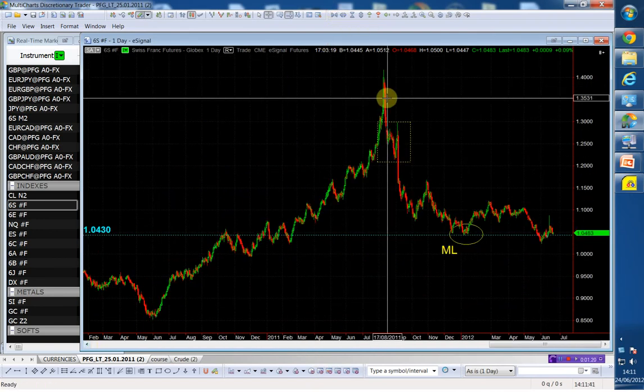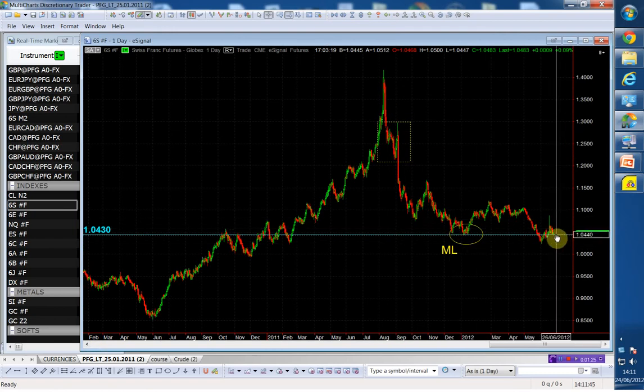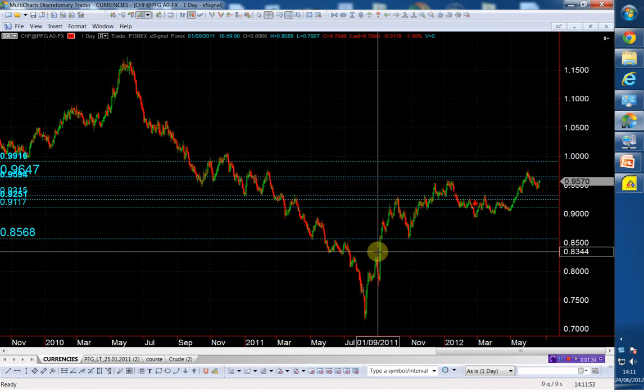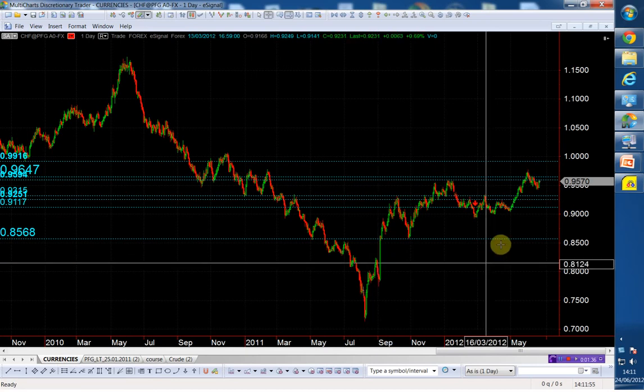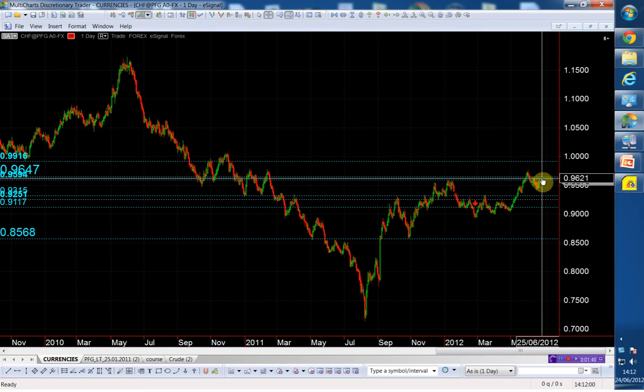This thing has been going up, it turned around, there is your structure, and it's sitting here at the structure at 104.30. If you look at the chart for the dollar, it's upside down because this is the dollar versus the Swiss, and now the 104.30 that we have as a structure point in the Swiss is actually the 95.94.